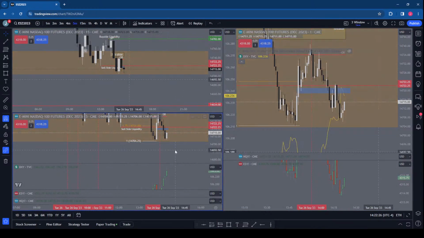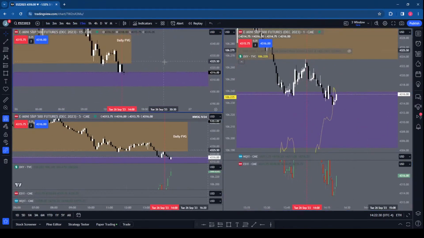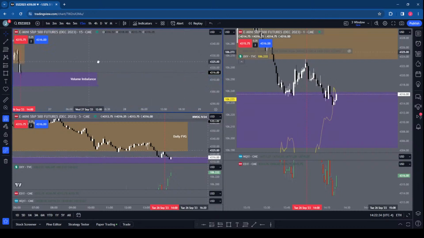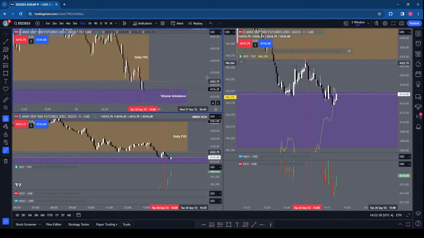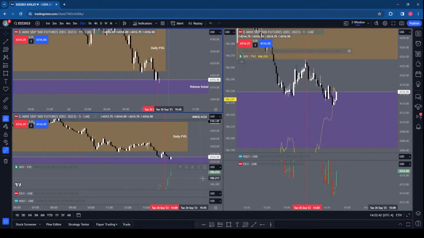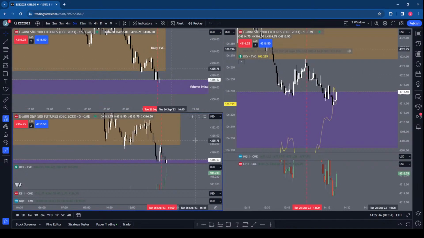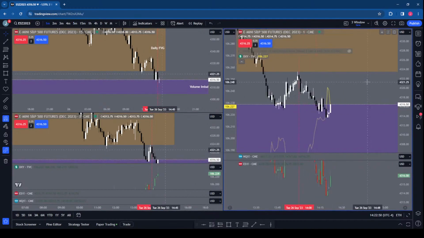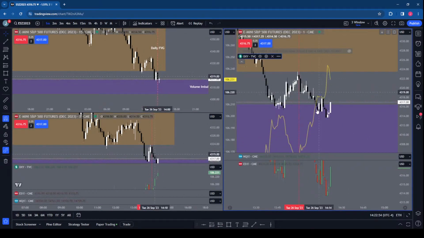I'm going to go take a look at ES. So ES has come into a volume imbalance similar to NASDAQ on the higher time frame. ES is looking a lot more bearish. There wasn't as much consolidation during the lunch hour as NASDAQ did. ES is looking a lot more bearish, but now you see the dollar kind of turning right here.